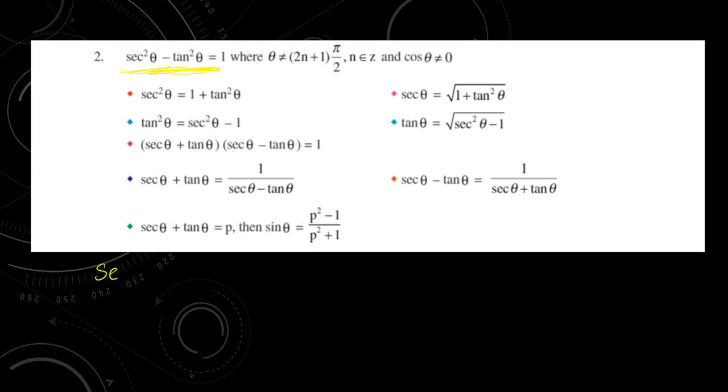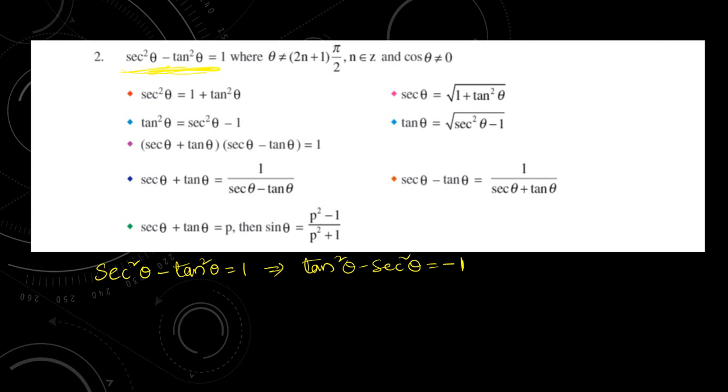So secant square theta minus tan square theta is equal to 1. If you have tan square theta minus secant square theta, then its value will be minus 1.